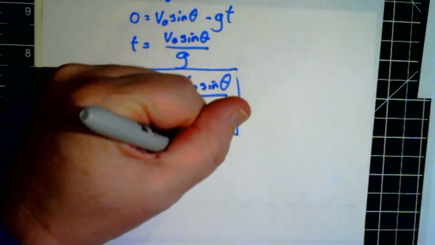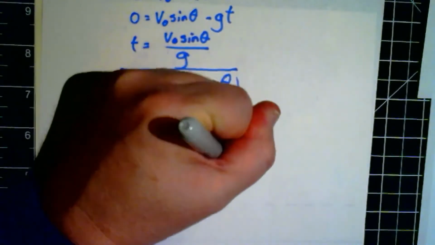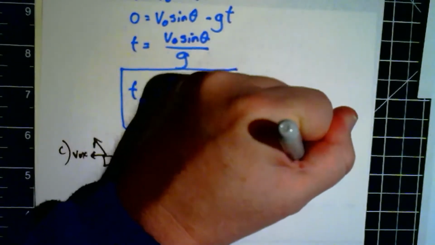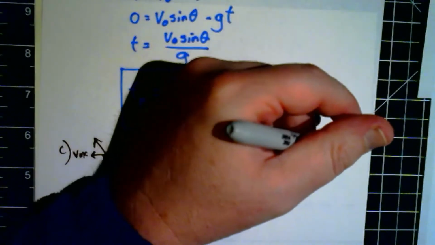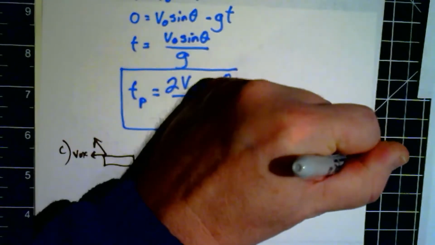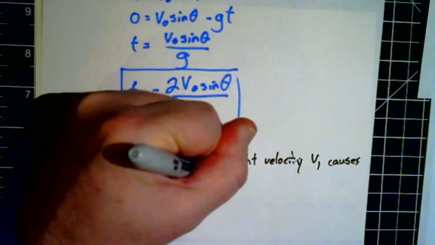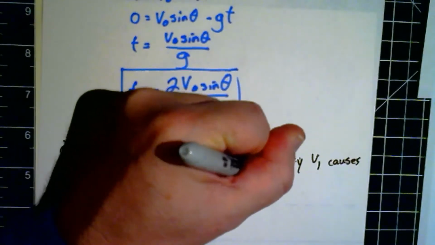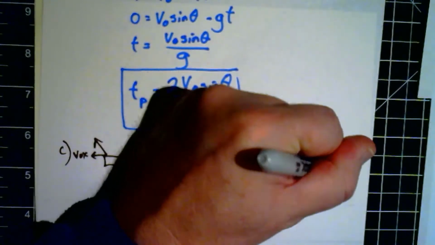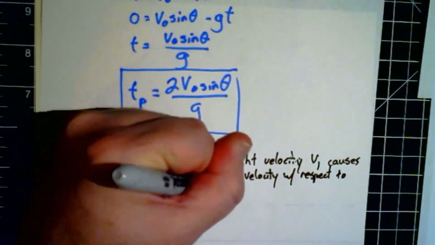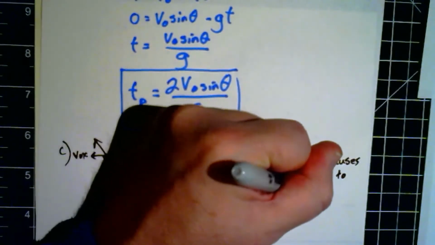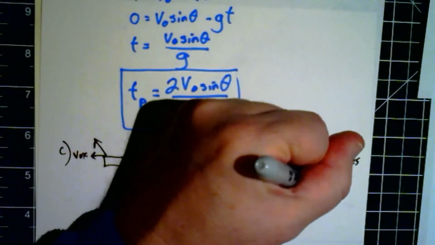And so in words, I said the rightward velocity v1 will cause the initial launch velocity with respect to the ground to be less than when it was stationary.